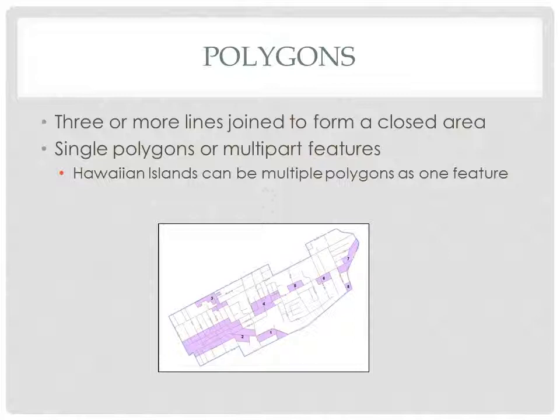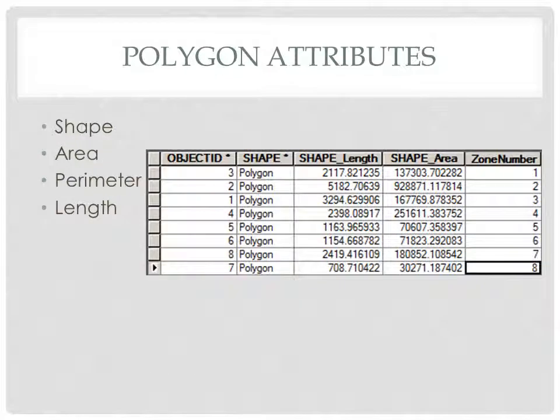But what do you do with the case of the Hawaiian Islands, which has multiple islands? Well, they can be associated together, those multiple features, to basically form one feature class recognized polygon form. Polygon attributes will include the shape, the area, the perimeter, and the length of the polygon.